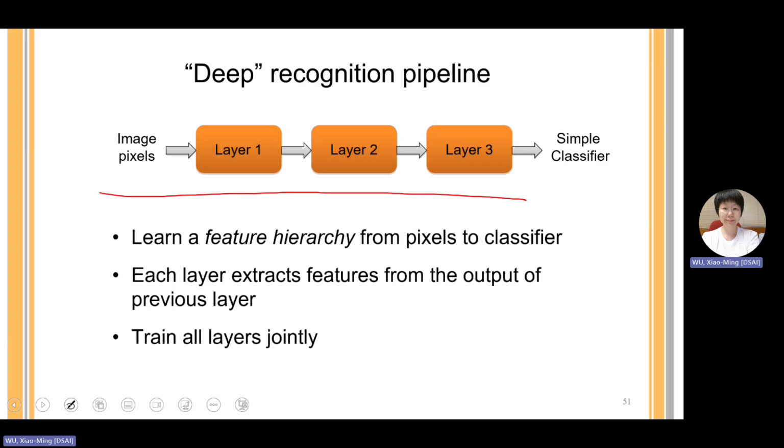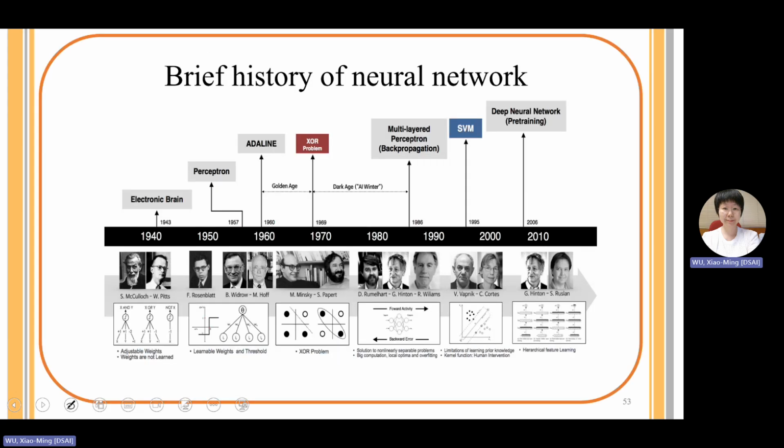Within this deep recognition pipeline, each layer is composed of multiple neurons, and each neuron is actually an extension of a linear classifier. It's just a linear classifier activated using a ReLU function.